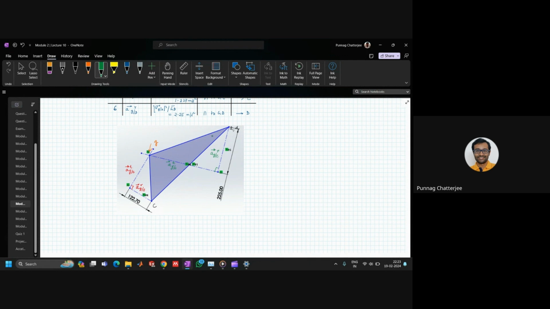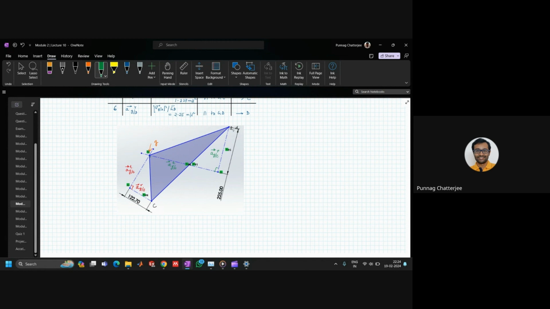This is a good way to check your answer. You can also use this angular similarity information in other ways. I missed out in class to show you how to locate point G, as well as point F. So this is the answer.